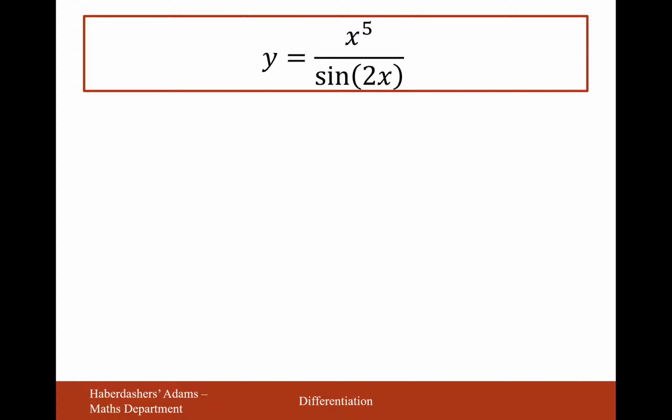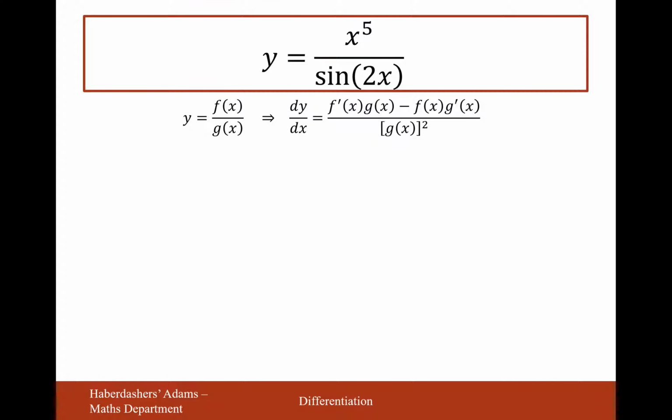Next one, it's clearly the quotient rule again, because we have a top function and a bottom function on the bottom of a fraction. So let's get started differentiating. What's really important with these is that you set the top function equal to f and the bottom function equal to g. We have the derivative of the f function, that's 5x to the 4, times the g function, sine 2x.